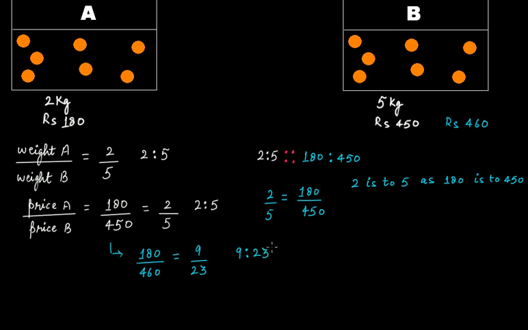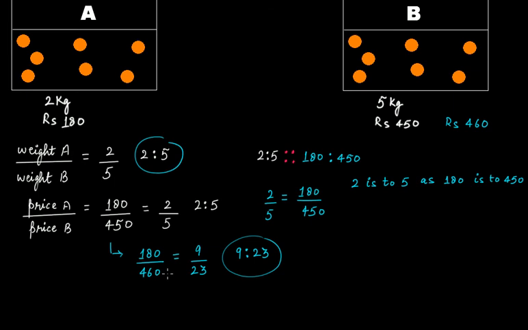So you're getting 9:23. That means the ratio of the weights, 2:5, and this ratio 9:23, when the price is rupees 460 for 5 kg but 180 for 2 kg, are not equal. That is, 2:5 is not equal to 180 to 460.